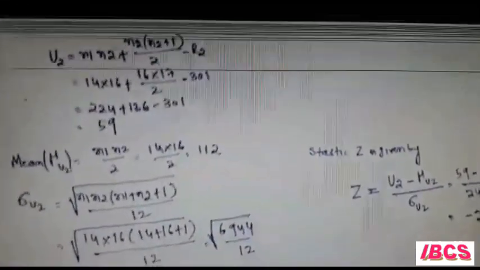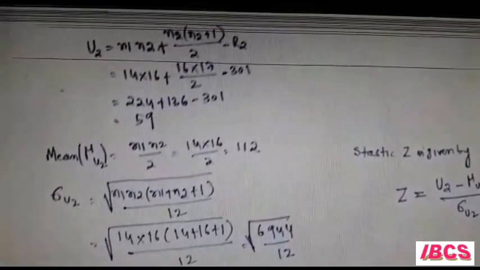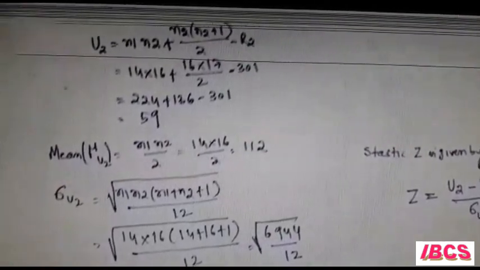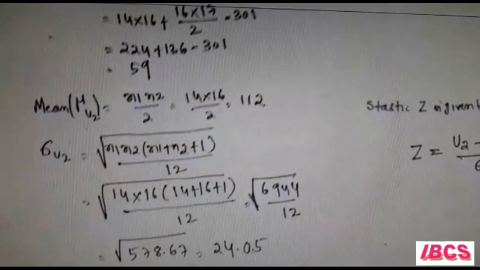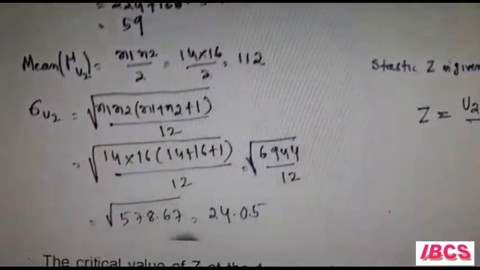From this problem we calculate U2. As I told you, we can go for U1 or U2. If you go for U2, you use the summation of rank 2. You calculate the mu of U2, then you calculate the standard deviation.